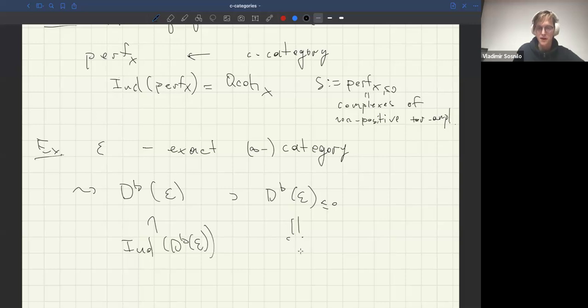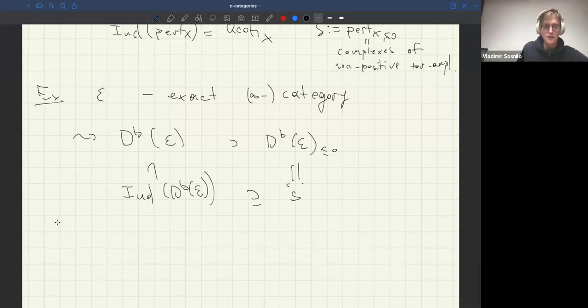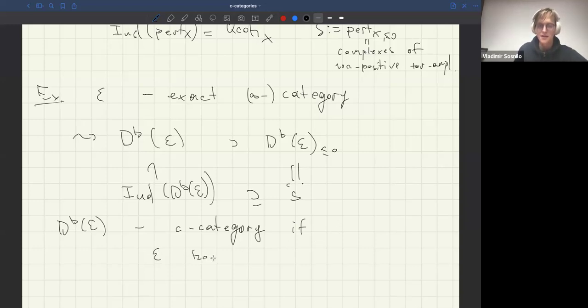So this is my S inside here. This gives a structure of a C category to D^b(E) if E has finite cohomological dimension.